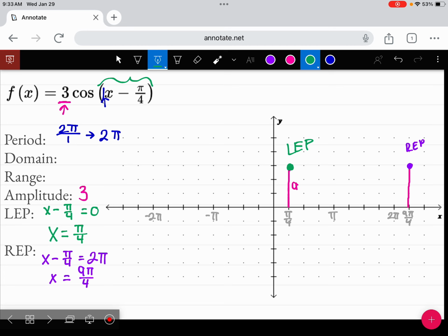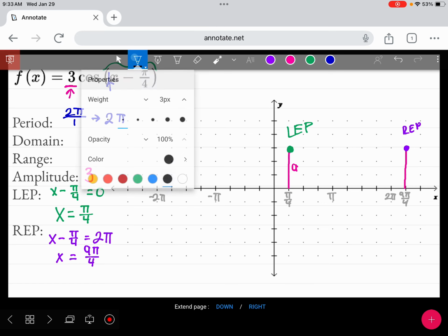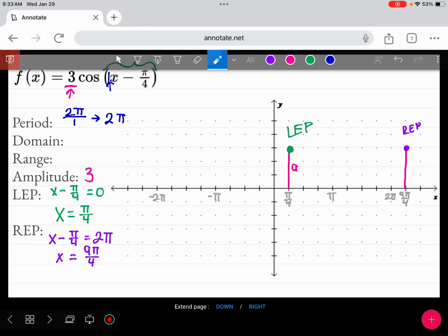How can I fill in the middle pieces here? Halfway through, where are we going to go? Down 3. 1, 2, 3. Down here, because halfway through, it's at the exact opposite side of the circle. Halfway between each of those is where we hit our 0.